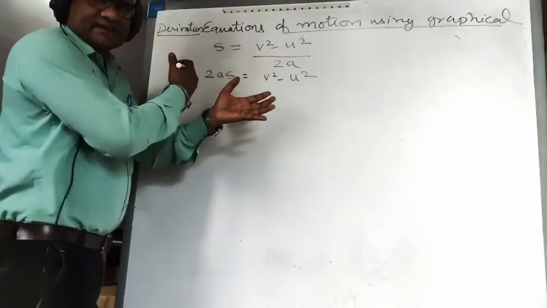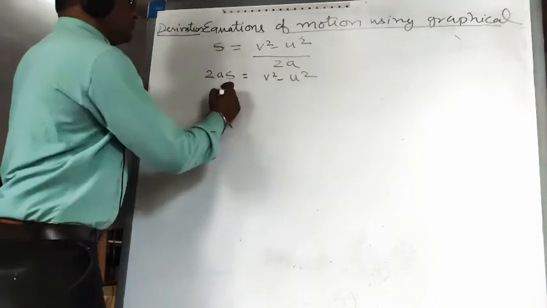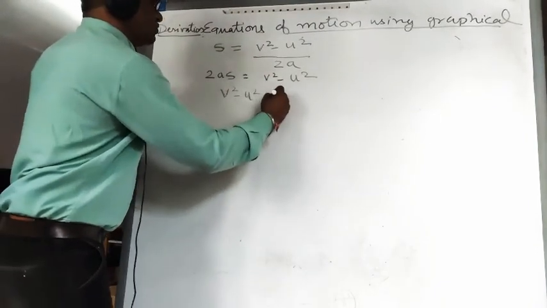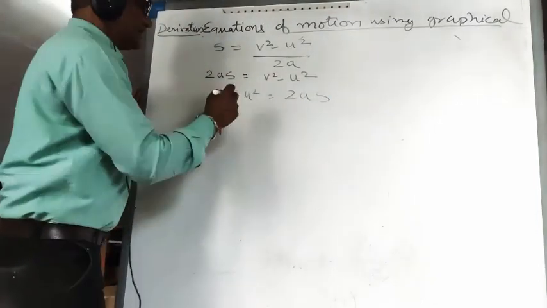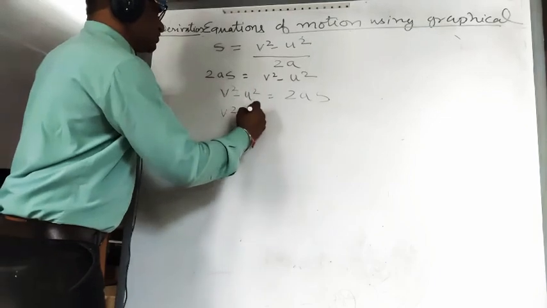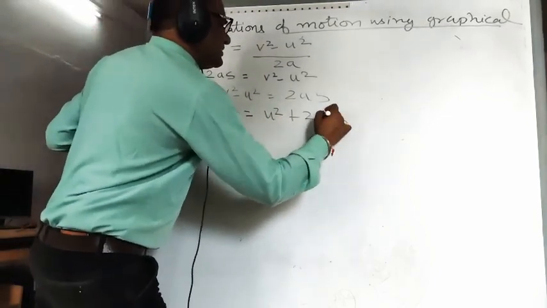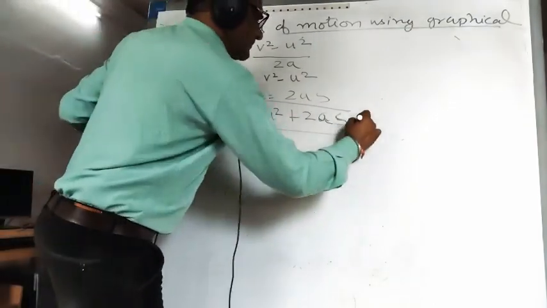Transfer the term from left to right. What you will get? v square minus u square is equal to 2as. Or say v square is equal to u square plus 2as. This is called the second equation of motion.